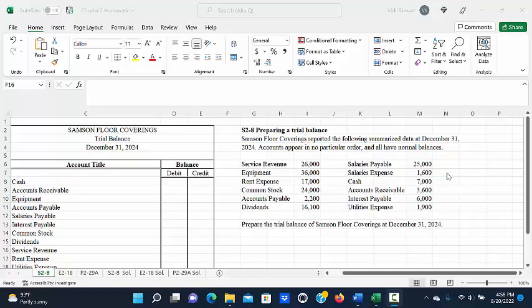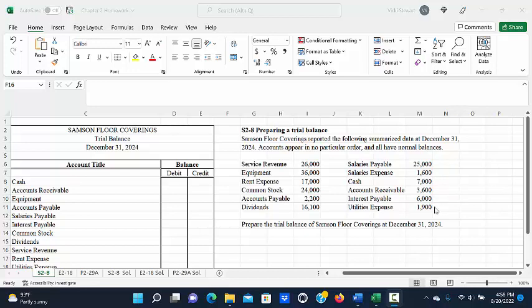Salaries expense is an expense account. A lot of students get these confused in the beginning, but if it says payable, it's a liability. If it says expense, it's a temporary expense account. Cash is an asset, accounts receivable is an asset, interest payable is a liability, and utilities expense is an expense.